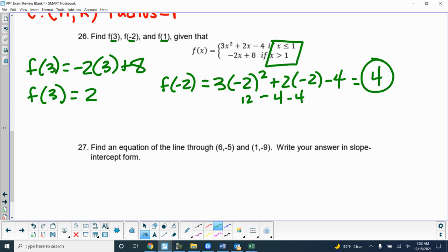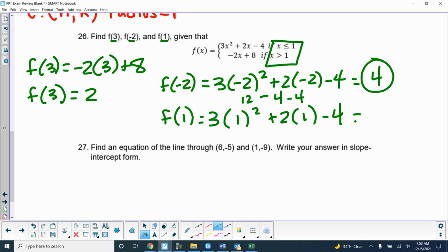The top one. So I put 1 in the top function. And find that answer. So 1 squared is 1 times 3 is 3. 2 times 1 is 2. 3 plus 2 is 5. Minus 4 is 1. So there's 3 answers we're looking for in number 26.